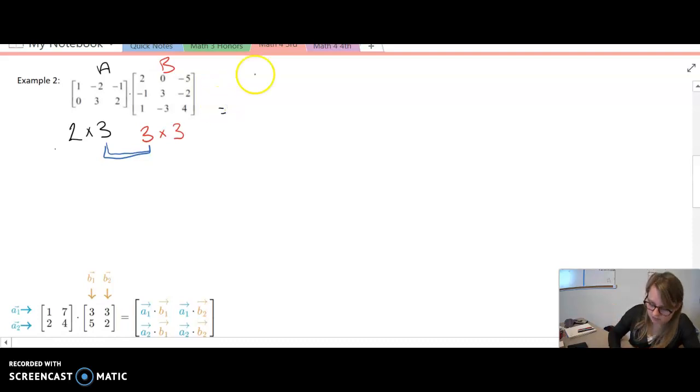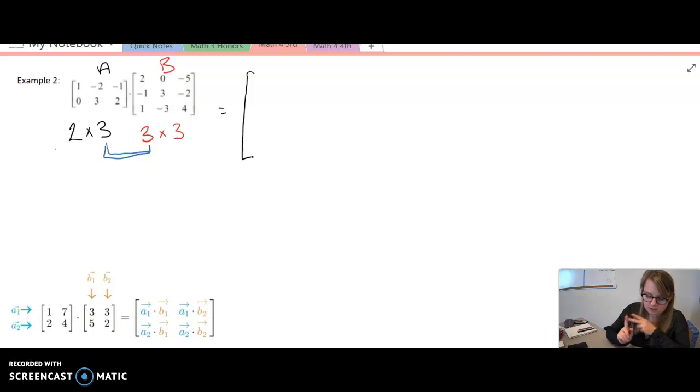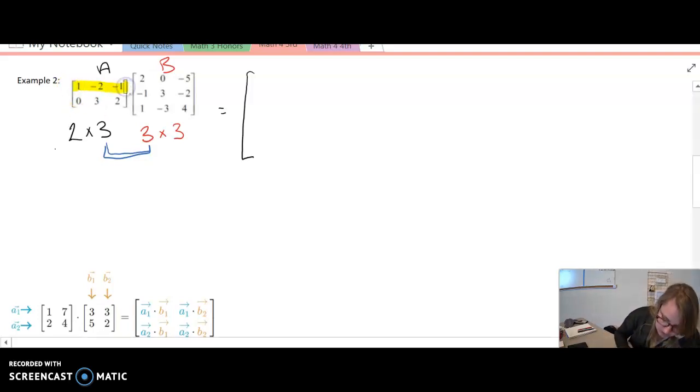What's going to happen is we're going to have this new matrix, and our first element is going to be the first row times the first column. So that's our first element.